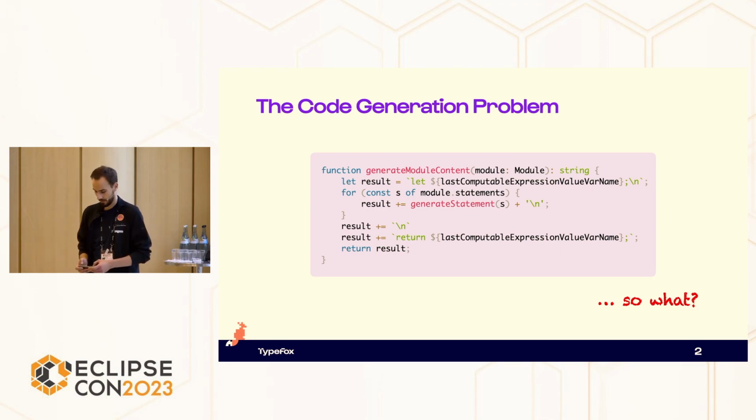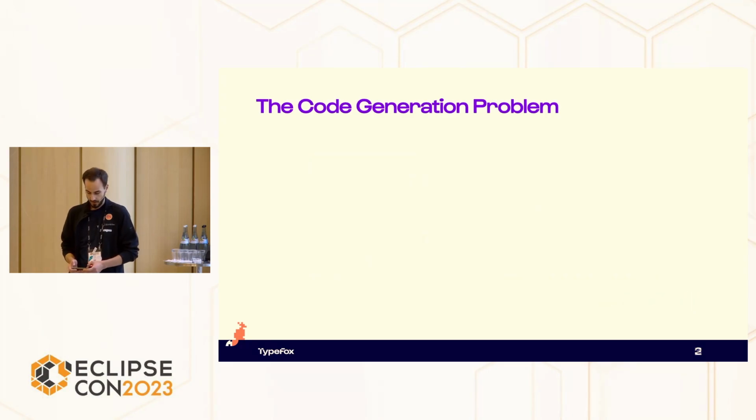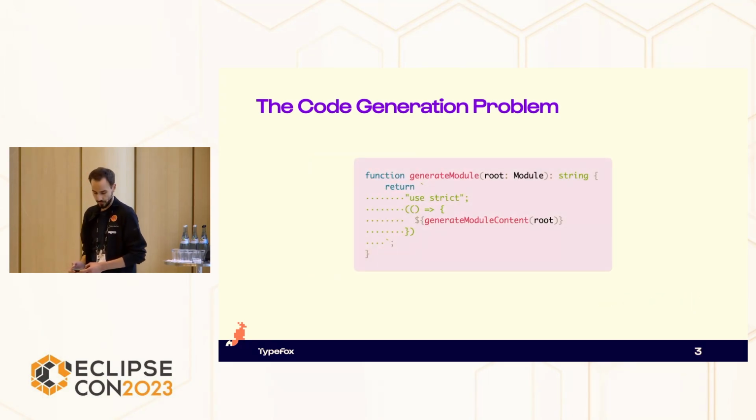But there are some problems. And to illustrate them, I have brought another TypeScript function just called generate module, also returning a string, but its return value is specified in terms of a JavaScript template expression.